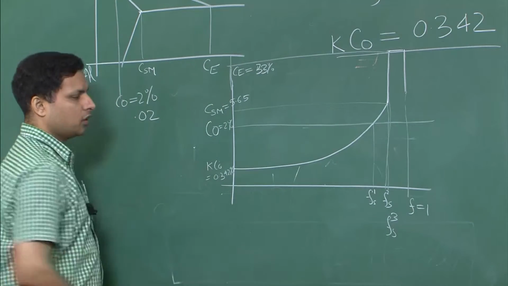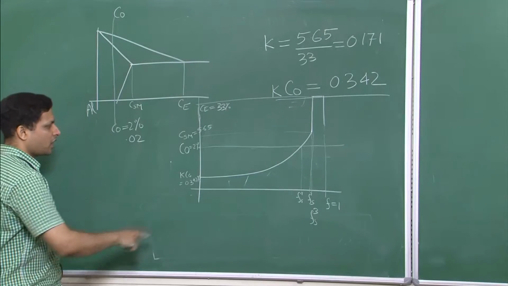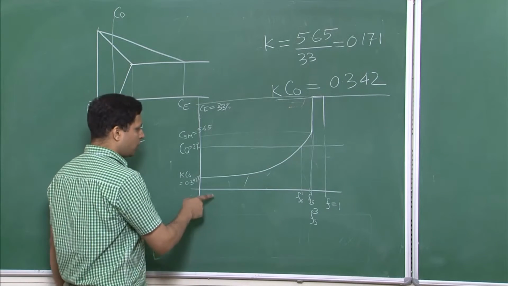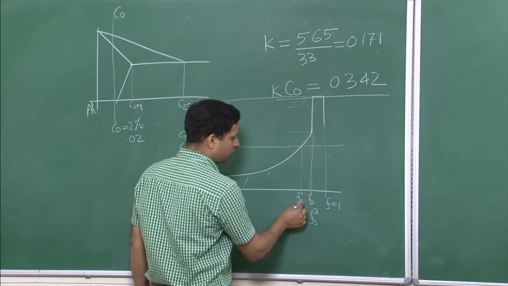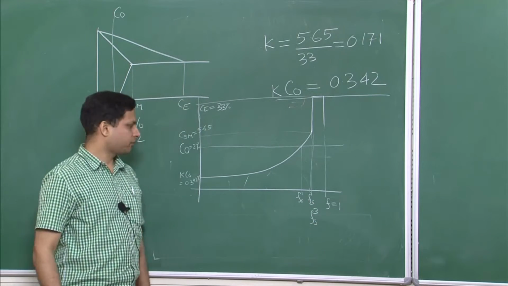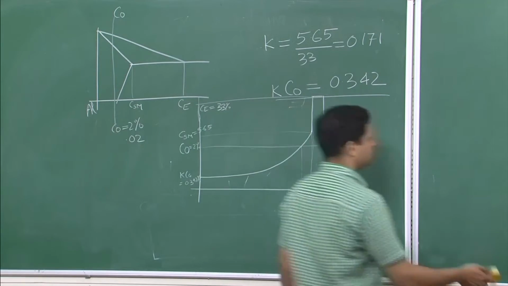Now according to the question we have drawn the schematic for the phase diagram, we have drawn the schematic for the concentration profile. What we need to do now is just find values of Fs1, Fs2 and Fs3. So let us start with Fs1.